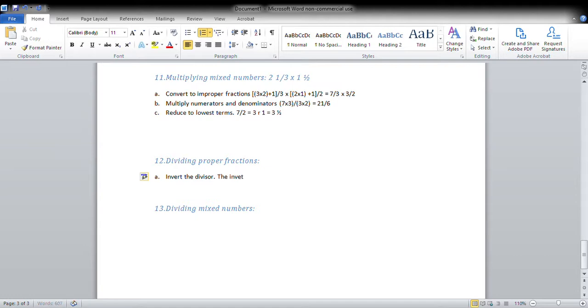The inverted fraction is the reciprocal. So what the heck does that mean? We'll come back to it. The second step is you multiply the fractions. And then finally, you reduce to the lowest terms.